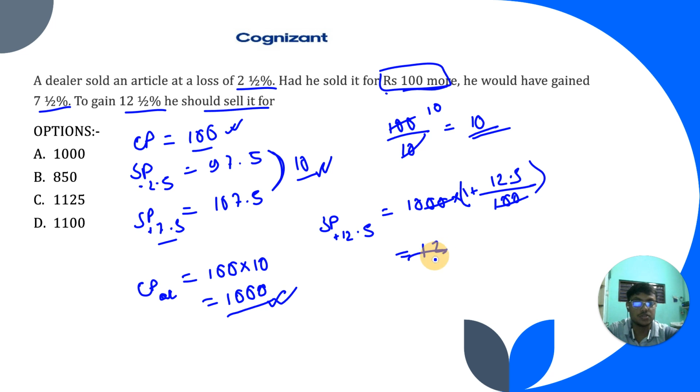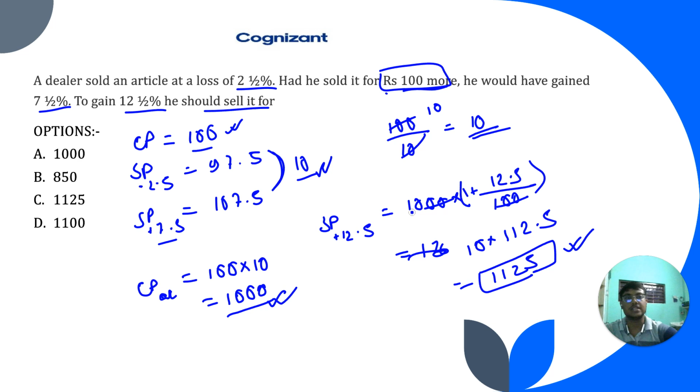So those two zeros would be cancelled. 10 into that would be 100 plus 12.5. So that would be equal to 1125. So this is our final answer. 1125 is the required selling price that we need to sell the article at. So option C becomes your correct option.